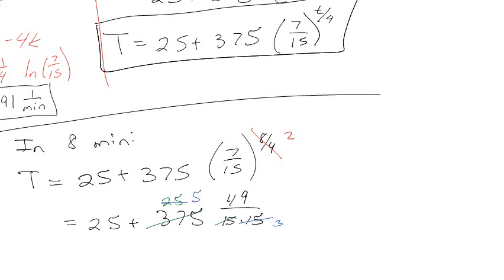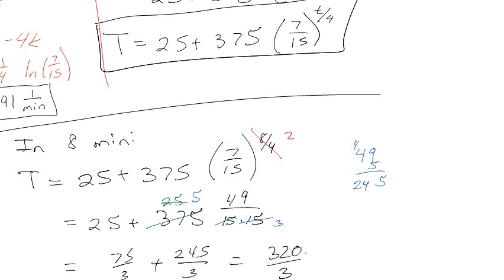Okay, whatever 49 times 5 is. Why is she doing all this without a calculator? Just to prove to you how awesome I am, that's why. Alright, so I've got 245 over 3 plus 75 over 3 is 320 over 3, which is some kind of other number. See, I can't do this because this is actually like long division.